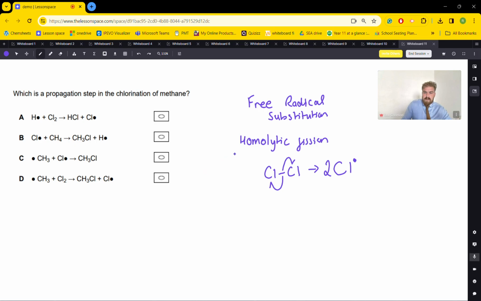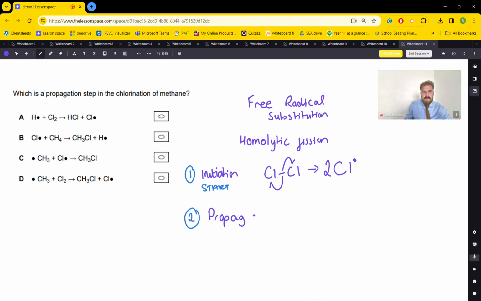Now, this reaction mechanism is a little bit weird in the sense that it has 3 different stages. It has the initiation stage, which means to start the reaction, number 1. The second stage is the propagation, which is what this question is referring to.